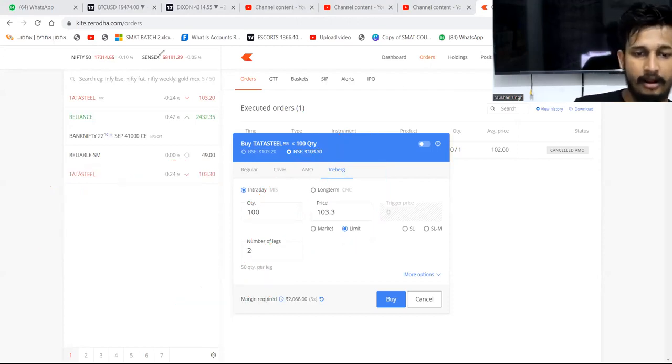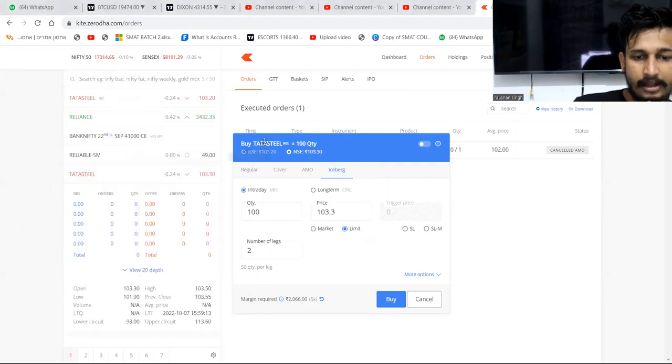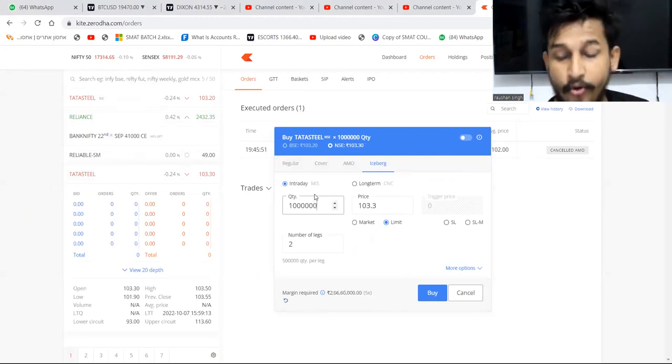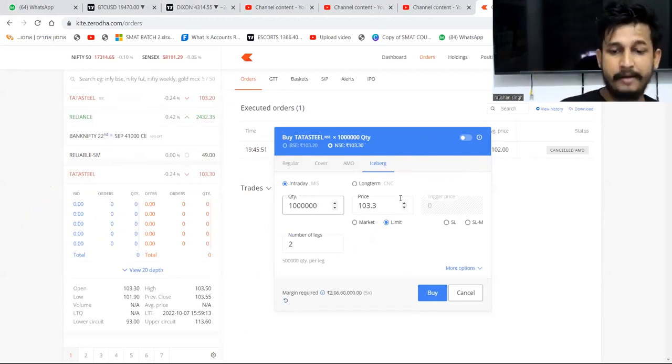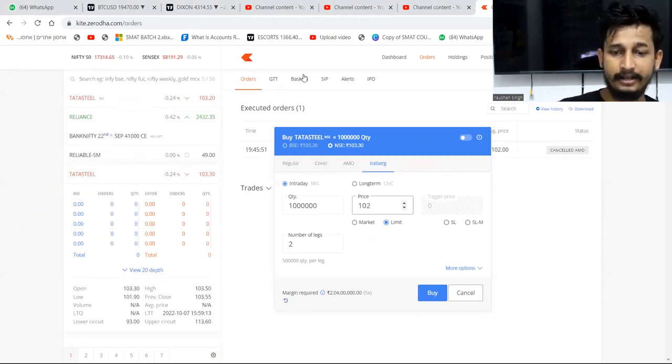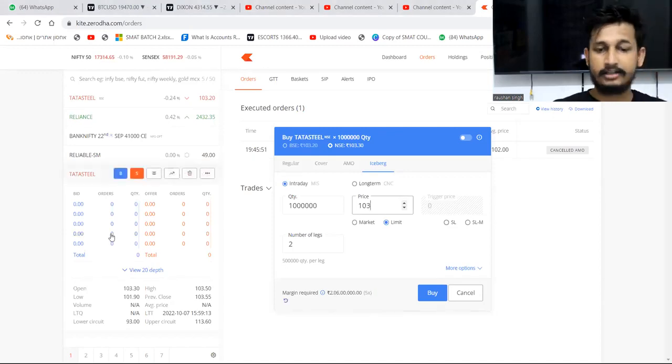So how does it help? Let me talk about this. Let's say someone wants to buy 1 lakh quantity. It's a huge quantity. If I place an order at 102, or let's say 103, people will see in the order section that someone has placed a huge quantity of 10 lakh, let's say.